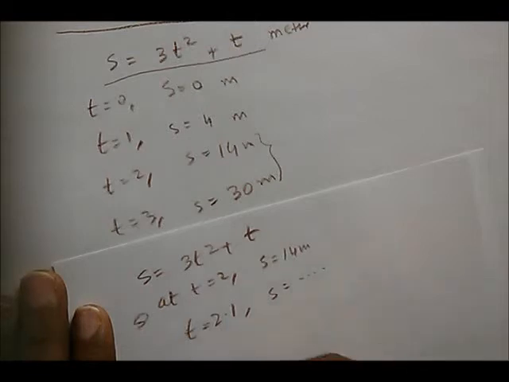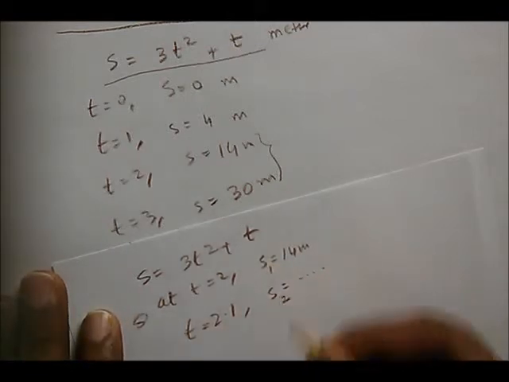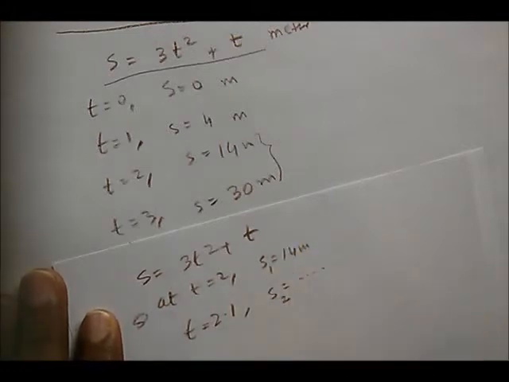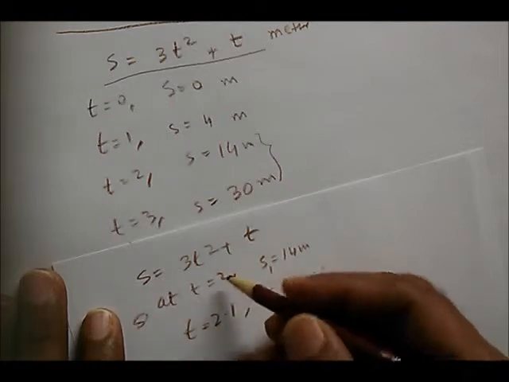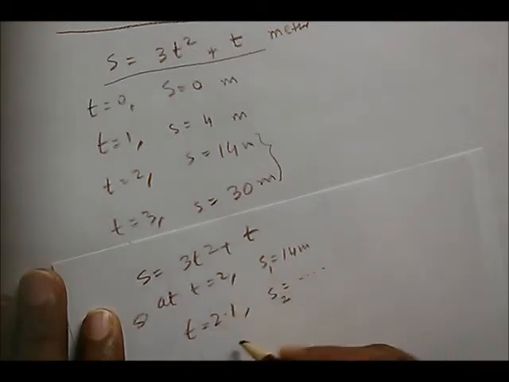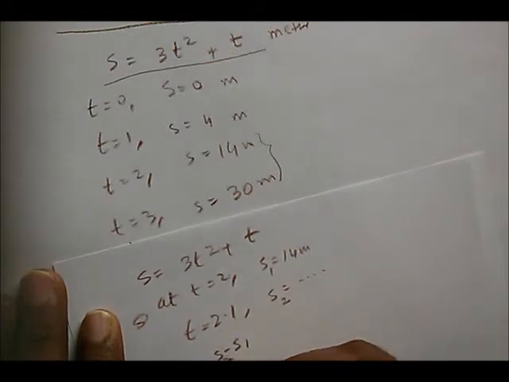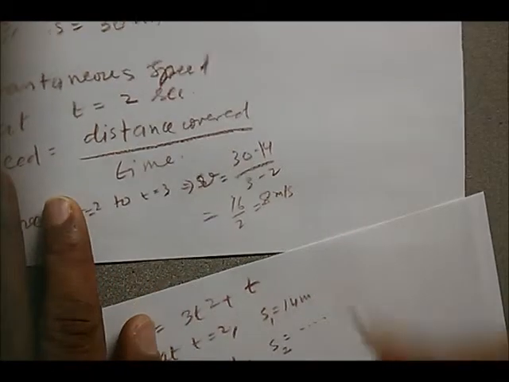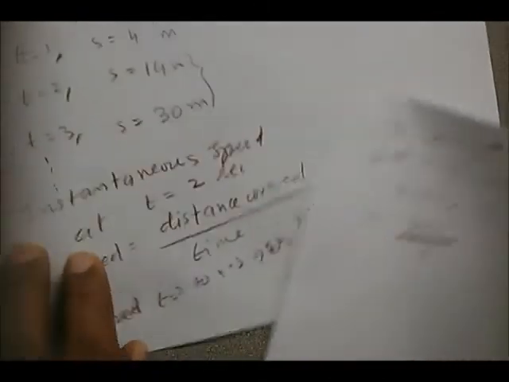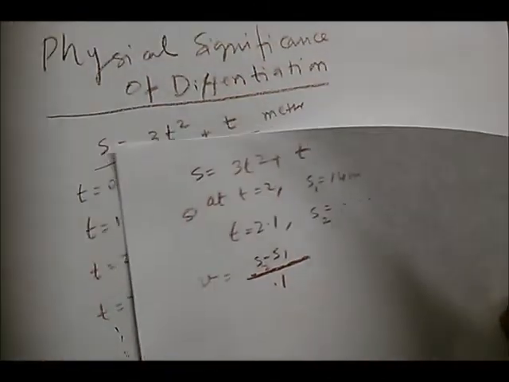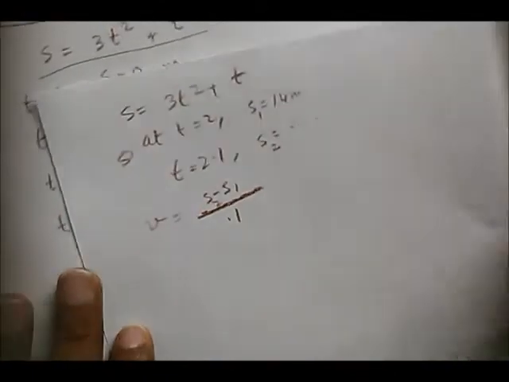Let's call this s1 and this s2. Then the average speed between 2 and 2.1 would be s2 minus s1 divided by 2.1 minus 2, which is 0.1. This should come out fairly close to the value that we found using differentiation, but it won't be exact.